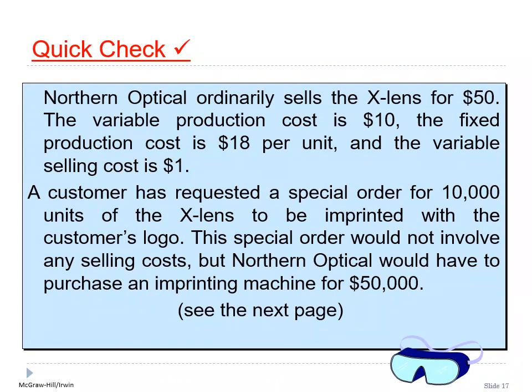A customer has requested a special order for 10,000 units of the X lens to be imprinted with the customer logos. The special order wouldn't involve any selling costs, but Northern Optical would have to purchase an imprinting machine for $50,000. Let's see the next page to continue this example.